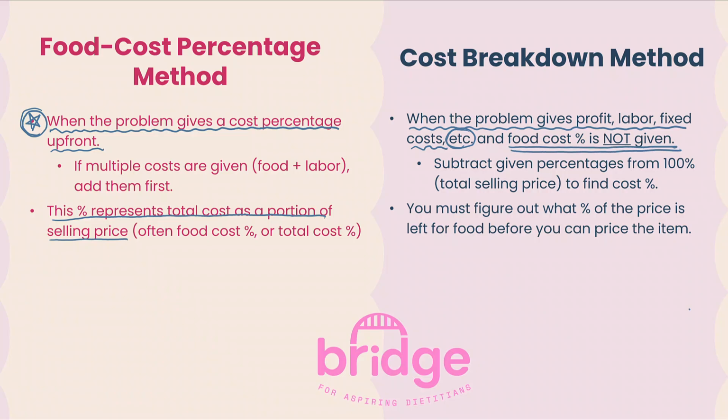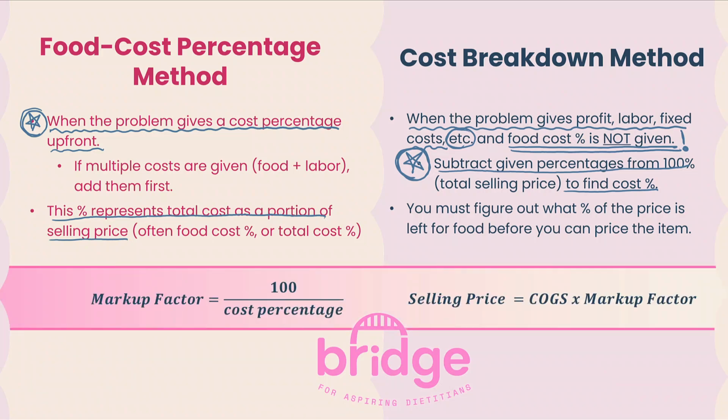In problems like these, you're missing the key part of the picture. So you'll start with 100%, which is representing the full selling price, and subtract everything you already know. Subtract out the profit, the labor, the fixed costs, and whatever's left over is going to be the percentage available for food. That remaining percentage becomes your cost percentage, which you'll then use to calculate your markup factor.